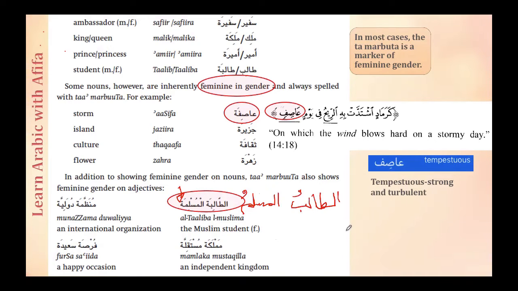All right, so this is an adjective. We will study adjectives later, but it's describing the student. If it's masculine, you don't put the ta marbuta. If it's feminine, you add the ta marbuta at the end. So for adjectives, you're adding the ta marbuta if it's talking about a female student.